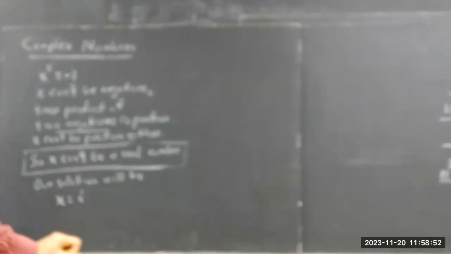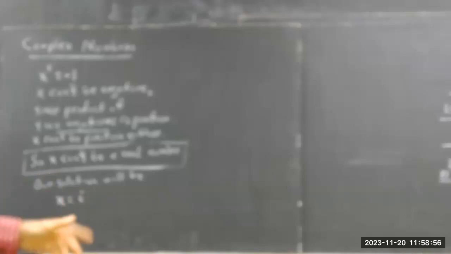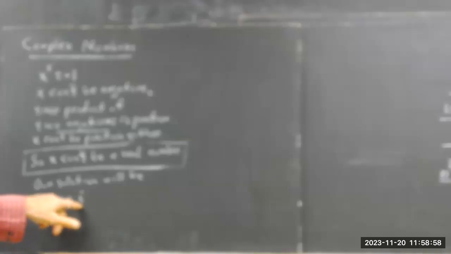Well, our solution is going to be x equals i. Now, how can x be a number equal a letter? Well, it's not really a letter. It's a letter that stands for a number.